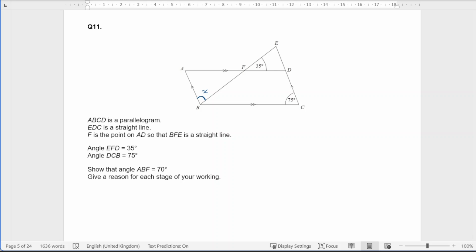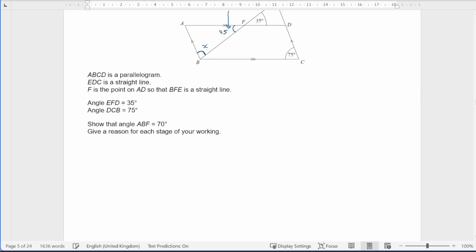The way I'm going to do it is I'm going to say that this angle here is going to be 35. And the reason being, and I can show it on the diagram if I wanted to, I could put an arrow there, and then I could say vertically opposite. That would be fine. I'm going to put it in terms of a description though.